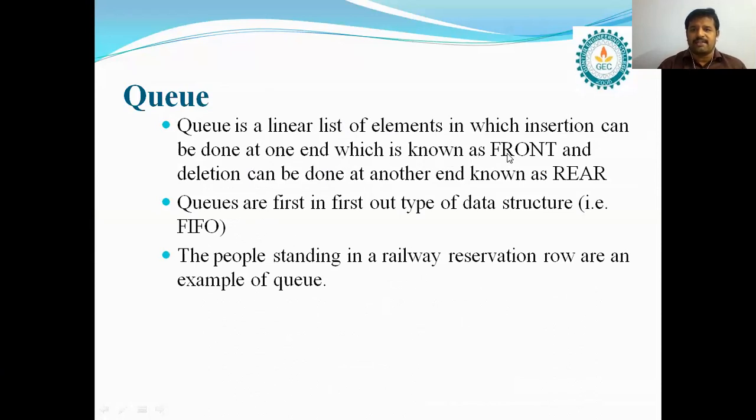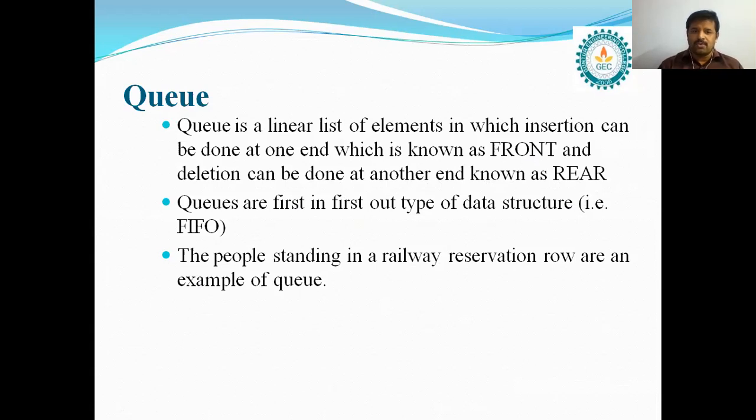The queue. A queue is a linear list of elements in which insertion can be done at one end, which is called the rear end, and deletion can be done at the other end, known as the front end. The queue works on the principle of first in, first out. Just as in a queue line, the first person that entered the queue is the first person that comes out of the queue.